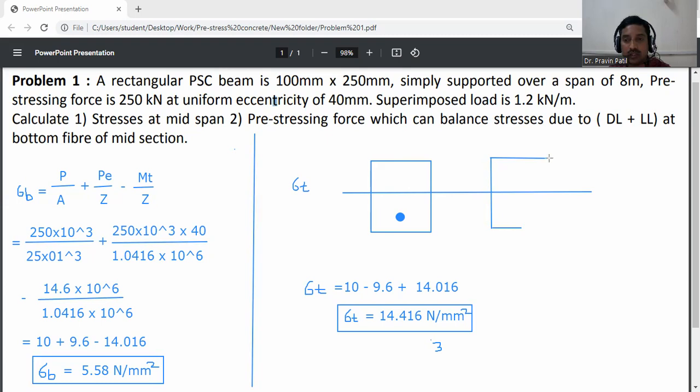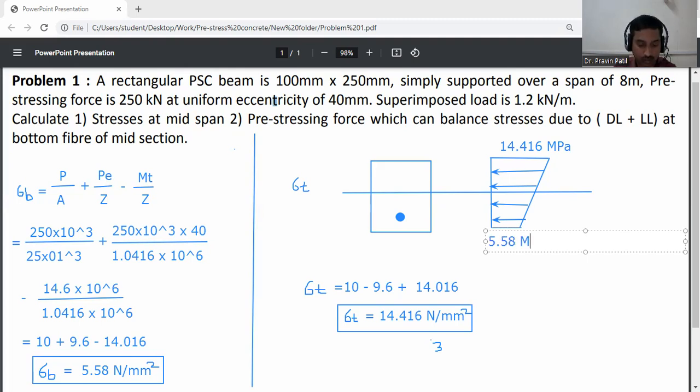So this is the resultant stress. 1 MPa is equal to 1 Newton per mm square. Okay, this is the stress diagram.